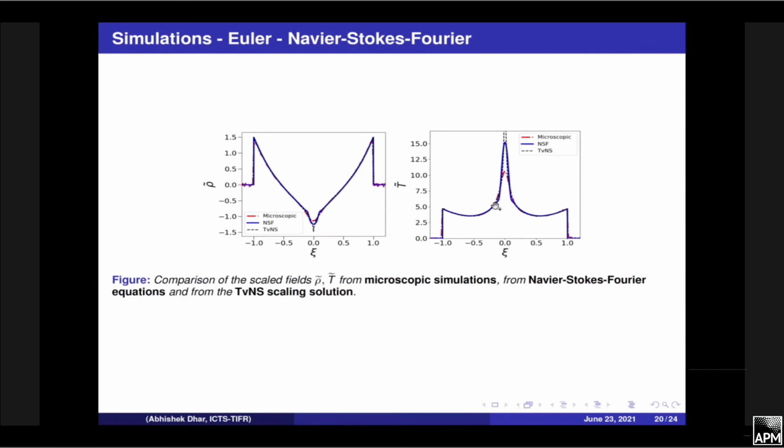But in the core, we see somewhat better agreement between the Navier-Stokes-Fourier and the microscopic models. At least there's no divergence, unlike what you see in the Euler equation solution. But we still don't get a perfect agreement between microscopics and the hydrodynamic equations. So there's still some region where things don't work.